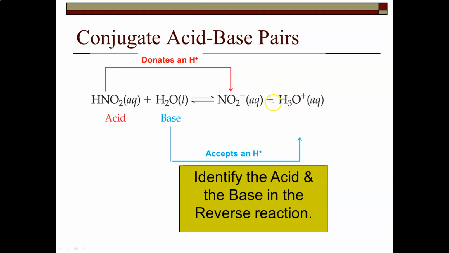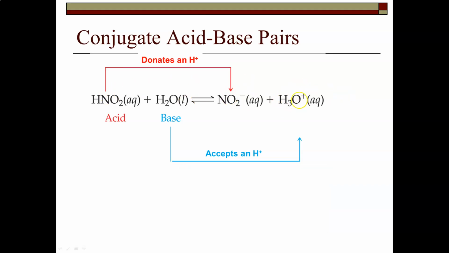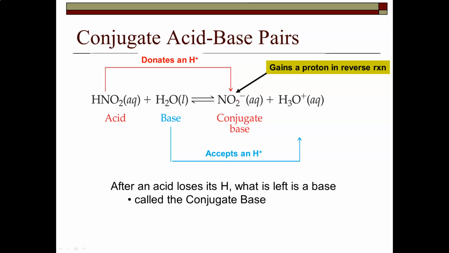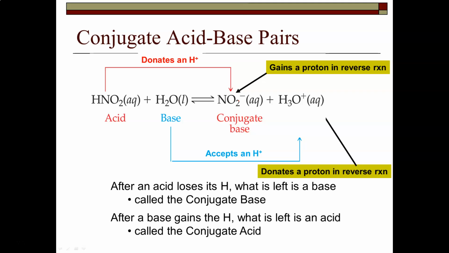So in the reverse direction, the H3O plus is your acid, and the NO2 minus is your base. Okay, so in the reverse direction, though, we call it a conjugate. So there's our conjugate base. It gains a proton in the reverse reaction. And H3O plus is our conjugate acid. Okay, it's donating a proton in the reverse direction.